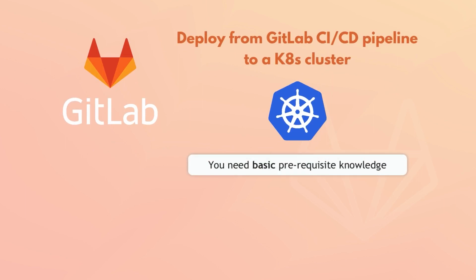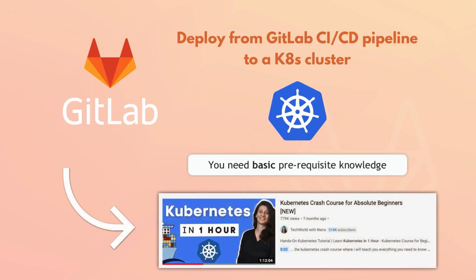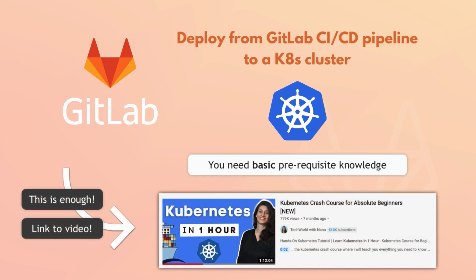You need to know some basics like what a service or deployment is or what a Kubernetes manifest file is, etc. And if you don't have those basics yet, I suggest you watch my Kubernetes prerequisite 1-hour crash course, which is linked in this video. The course will give you all the basics you need in order to follow this specific demo.